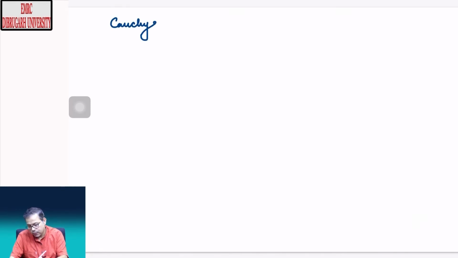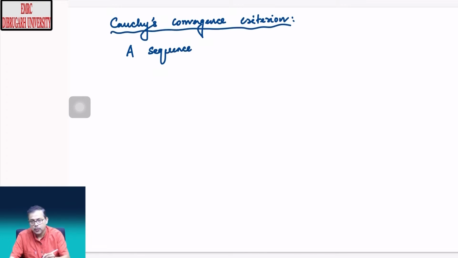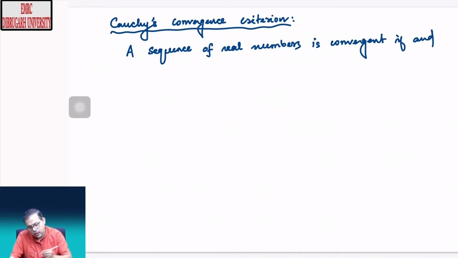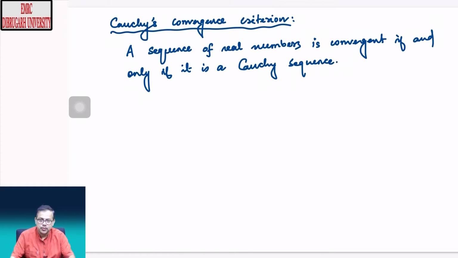Cauchy's convergence criterion: a sequence of real numbers is convergent if and only if it is a Cauchy sequence.